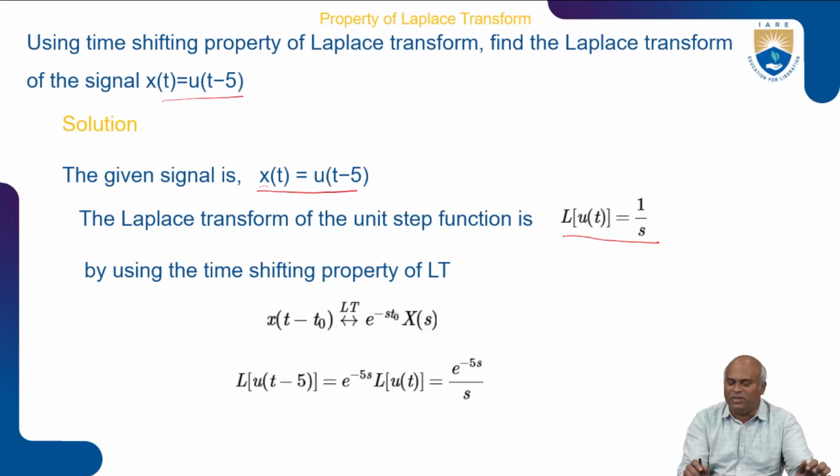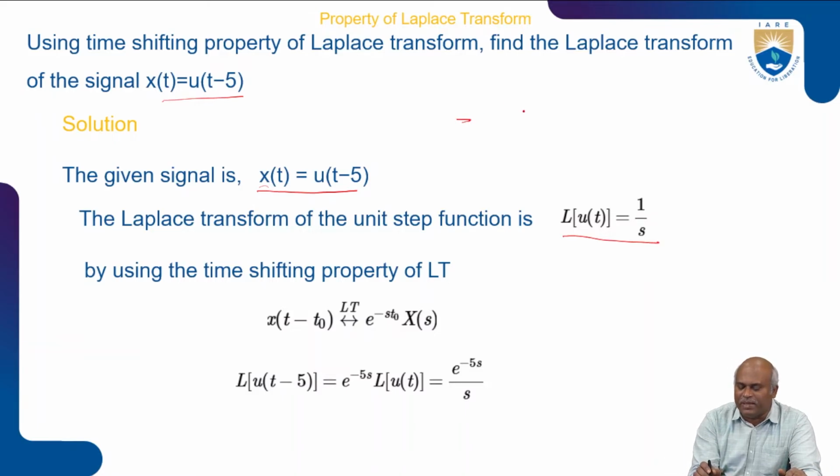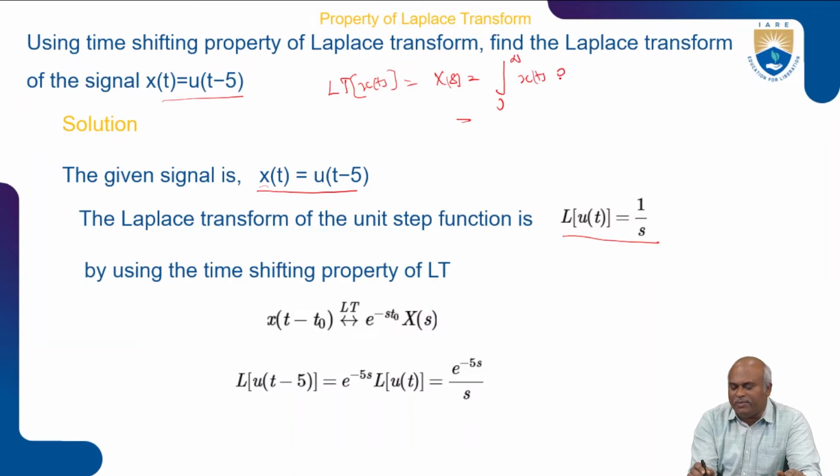1 by s. How did it come? I will write here. The Laplace transform of x of t is equal to x of s. So this equation is the integral from 0 to infinity of x of t e power minus st dt. So now I take x of t is equal to u of t.